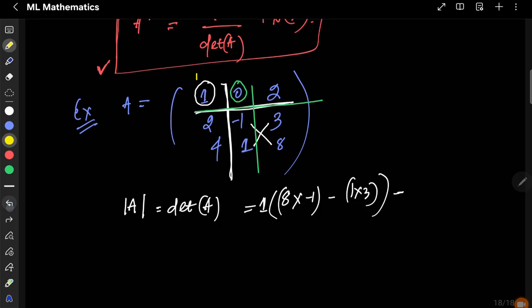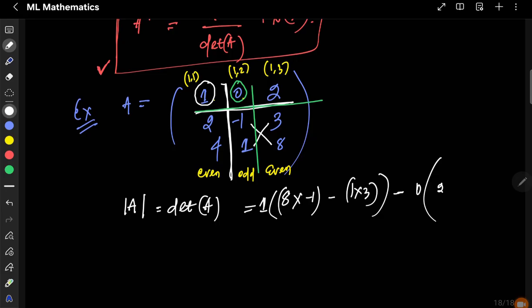If I say first row first column, first row second column, first row third column, that alternates odd and even. So 0 is an odd position, that's why I'm taking minus. And I have a value of 0, and of course whatever you multiply with it will be 0, but in the meantime I'm just saying you multiply.